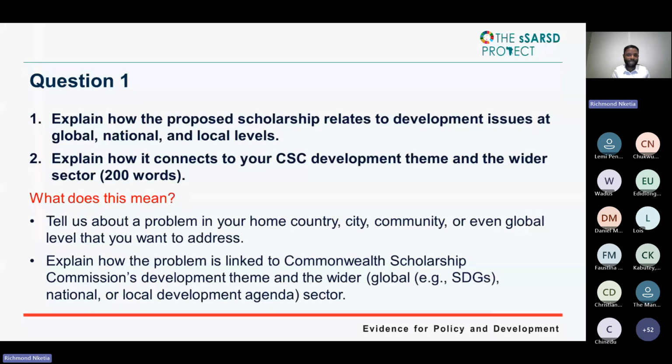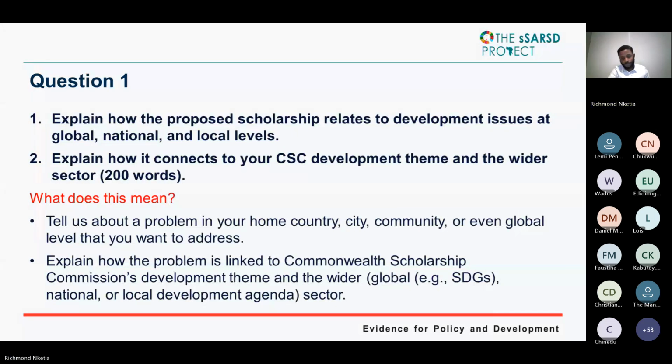It may not necessarily be their development themes. It could be sustainable development goals or national development goals or even local development goals. But in either case, it will still fit into one of the 6 Commonwealth Scholarship development themes.